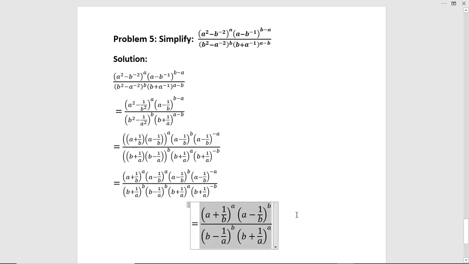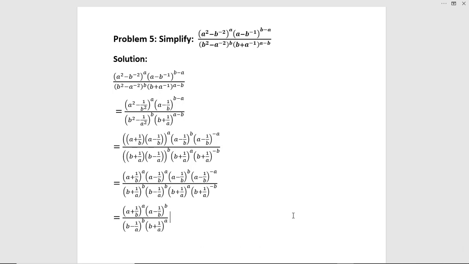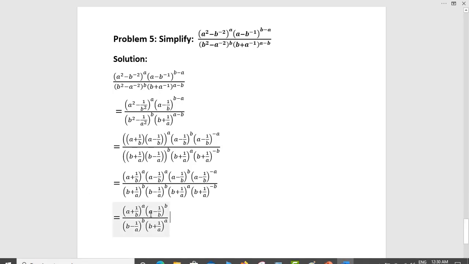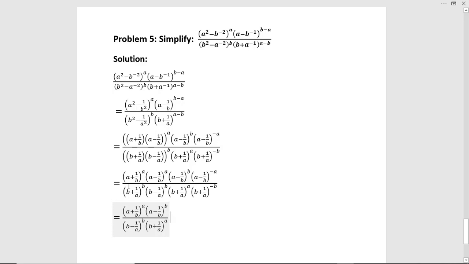So now we can write this. Look here. A plus 1 by b whole to the power a and a minus 1 by b whole to the power b. What happened to the other ones? Look here, a minus 1 by b whole to the power a and a minus 1 by b whole to the power minus a. The bases are same here, a minus 1 by b.